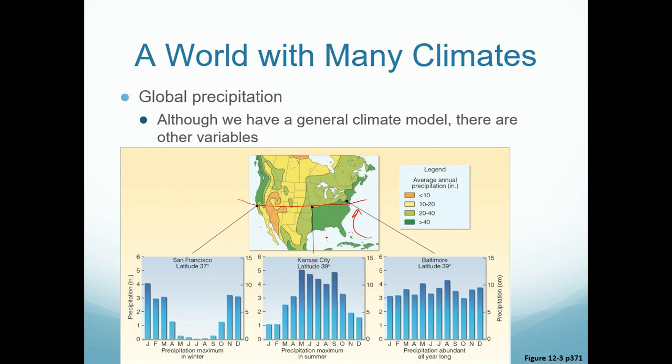Why? Well, in the summer, you get a lot of weather coming in from the Gulf of Mexico. Yet San Francisco is extremely dry in the summer. Why? Because their primary weather is coming from the west, and their ocean currents are coming from the north. So they get cold, dry air.